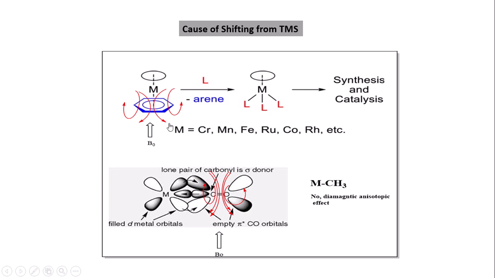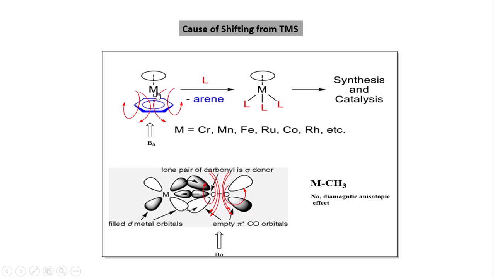Why do the different types of proton and carbon show different chemical shift values in the presence of the applied magnetic field? We know that in NMR spectroscopy, the applied magnetic field is applied to various types of nuclei.